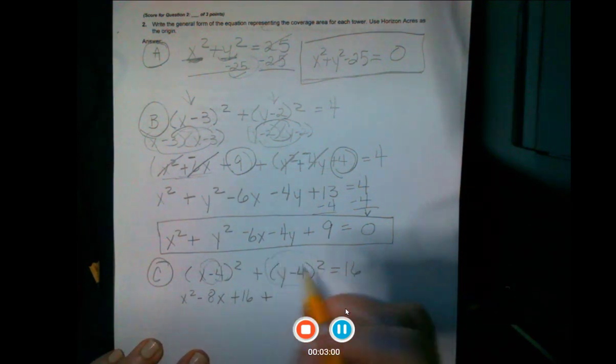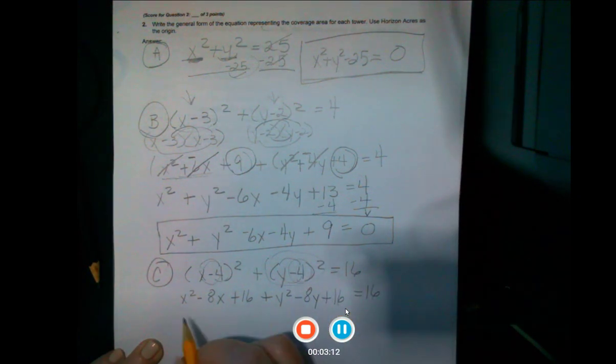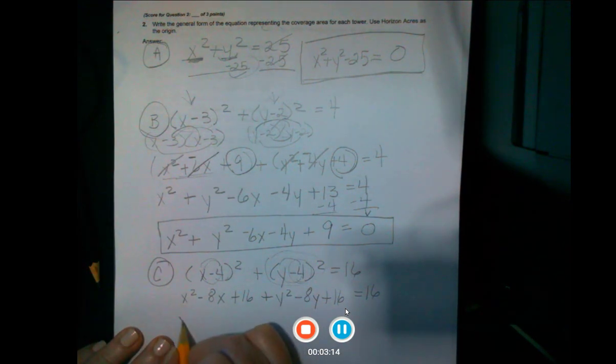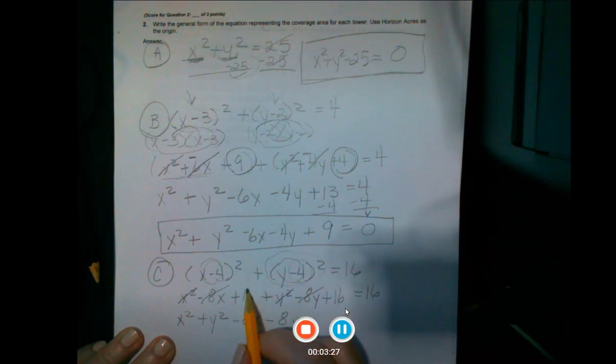FOIL this out, and we have y squared. We have a negative 4y and negative 4y, which is minus 8y, and then negative 4 times negative 4 is positive 16, equals 16. Put everything in order, starting with x squared. We have one of those. We have a y squared. We have minus 8x, minus 8y. 16 plus 16 is 32.